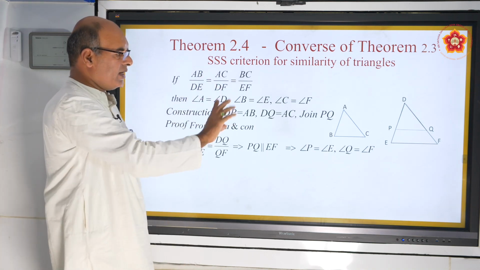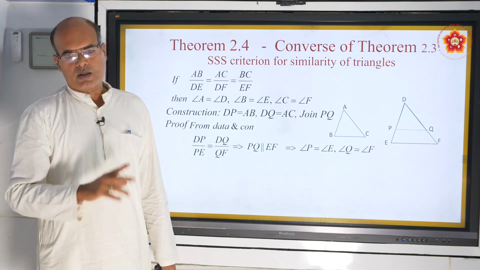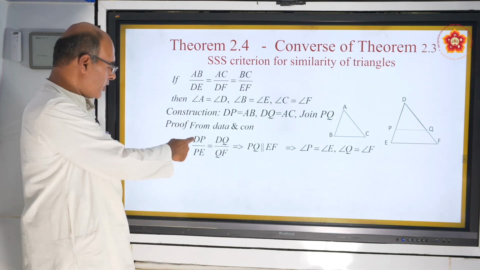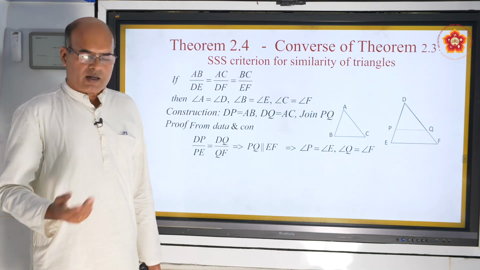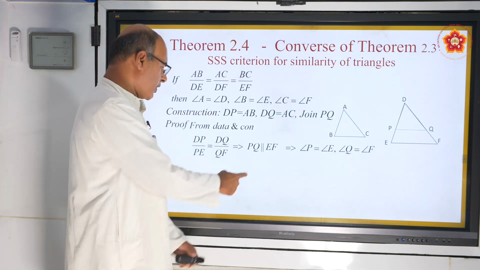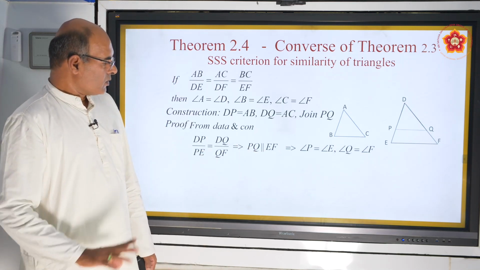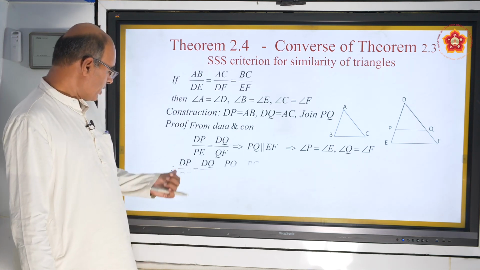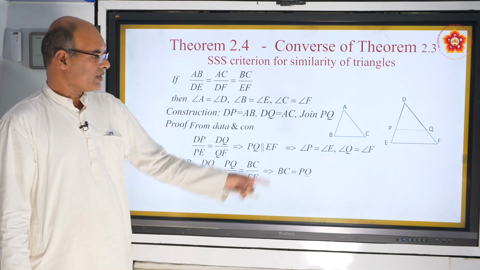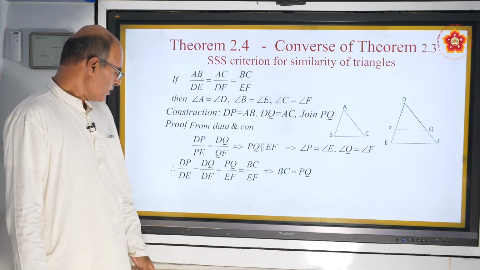In the place of AB and AC, replace with DP and DQ, reciprocal, subtract 1, you get this result. So apply the converse of Thales theorem, you get this. So apply the corollary of Thales theorem, so you get DP divided by DE is equal to DQ by DF is equal to PQ by EF.